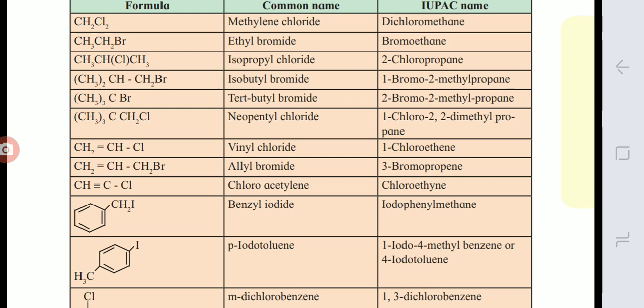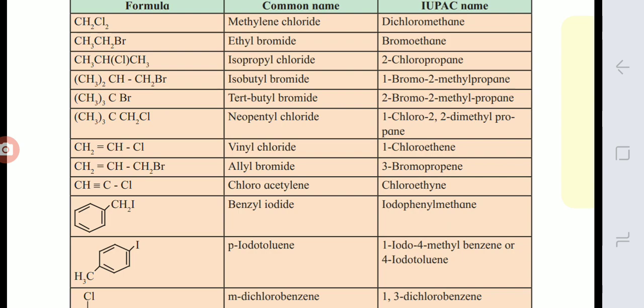If we replace the hydrogen of benzene by a CH3 group, then the specific name is toluene. So if you write that carbon as carbon number 1, your iodine is on the 4th carbon. So these specific words are also written in your IUPAC name. So 4-iodotoluene is also another name.